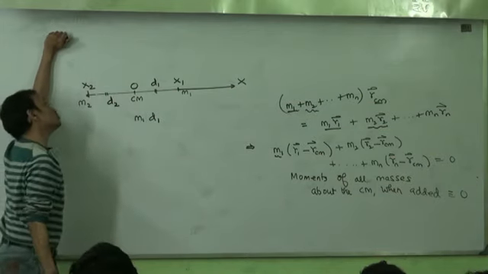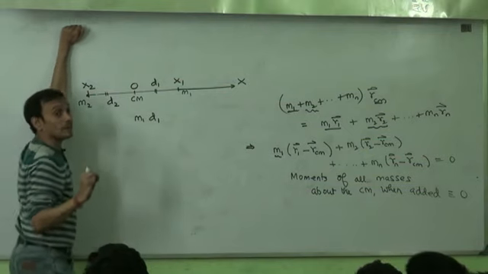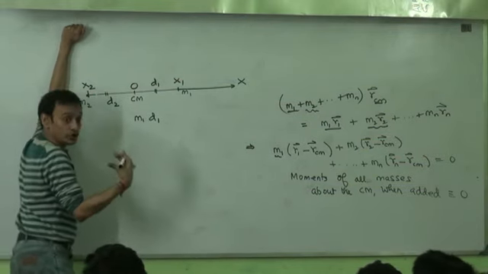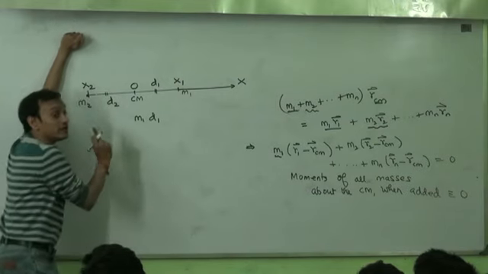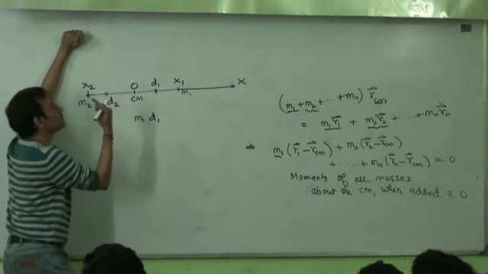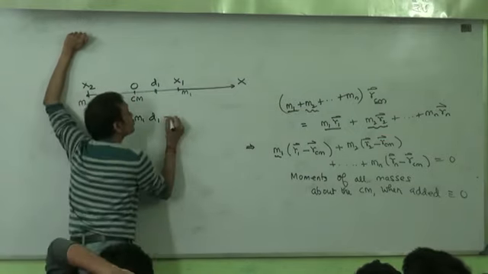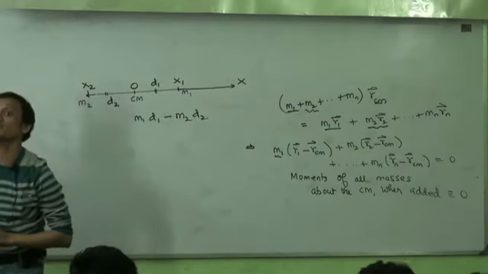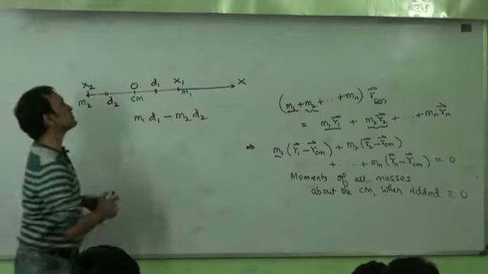The magnitude of the moment that m2 produces about the center of mass is going to be m2 d2. But since it's on the opposite side of m1, it will produce a negative moment about O. So the algebraic moment that m2 produces about O is going to be minus m2 d2. So this is the algebraic sum of the moments produced by m1 and m2 about the center of mass, and this must be zero.